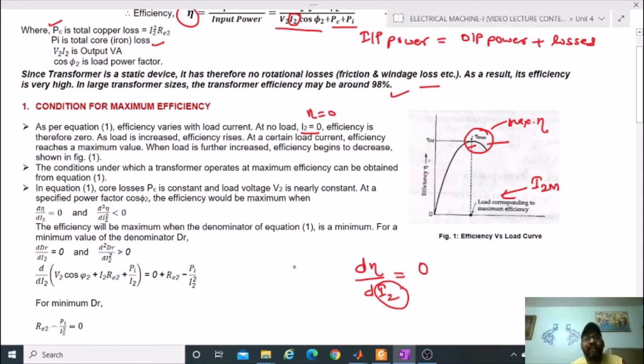So for easier calculation, we will differentiate the denominator. Why? Because we know that if the denominator is minimum, then the efficiency is maximum.